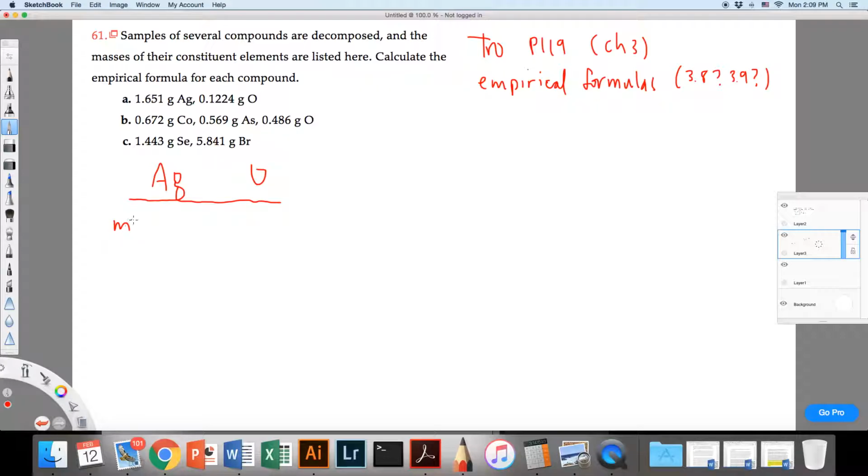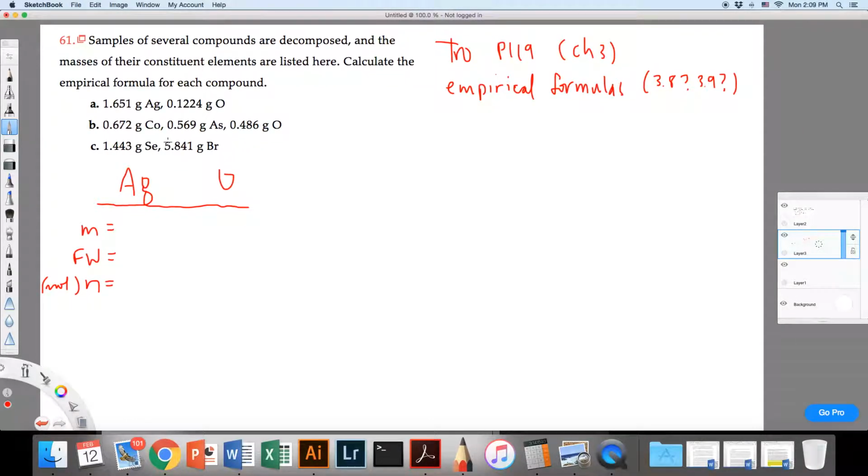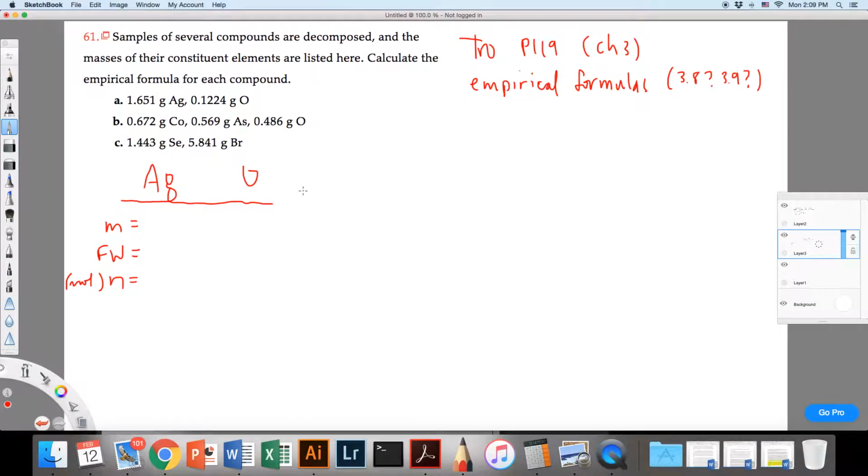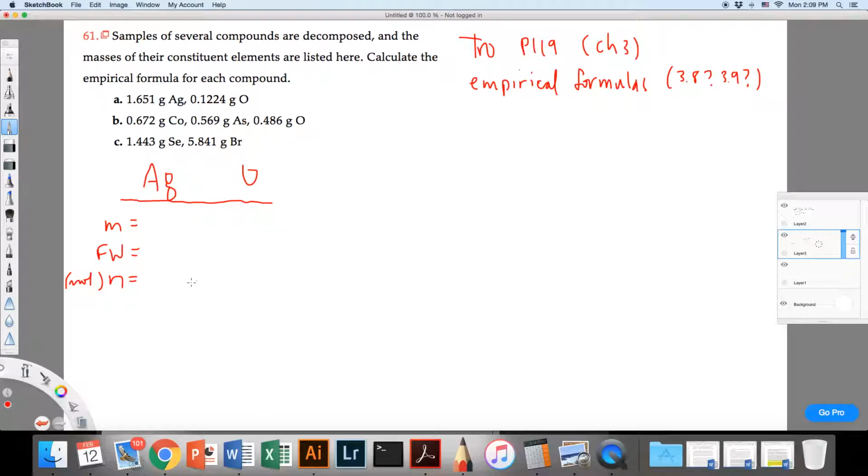I've got mass, and we're going to be using formula weight to get moles, right? It's molar ratios. These are always dealing with molar ratios. Okay, so the mass of silver is 1.651, and the mass of oxygen is 0.1224.